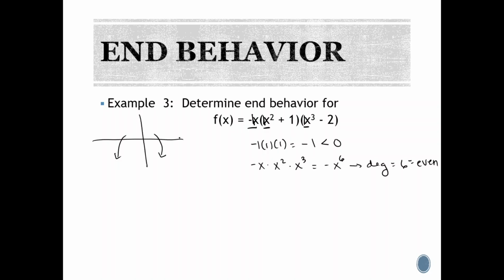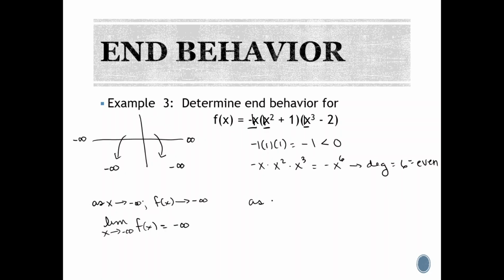So on the left, the function is going down. And on the far right, the function is also going down. So the way I would describe the end behavior is to say as x goes to negative infinity, the function goes to negative infinity. So as x goes to the left, the function goes down. So in limit notation, x is going to negative infinity, so the function is going to negative infinity.